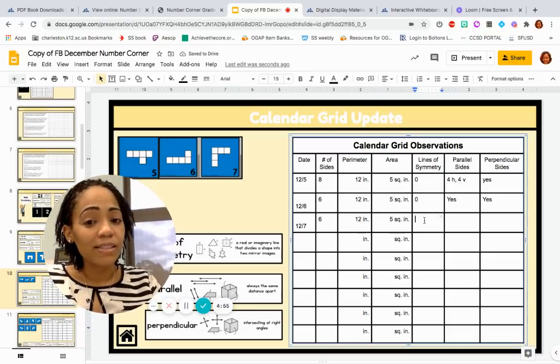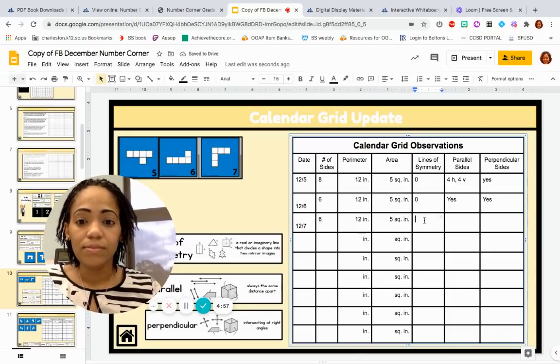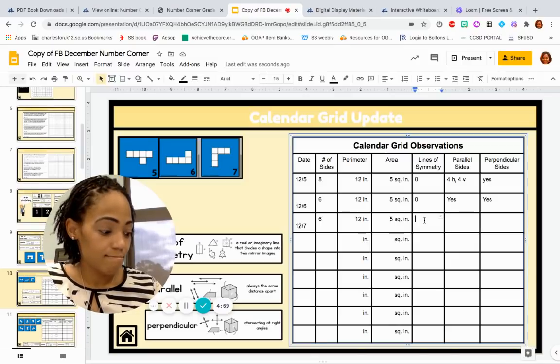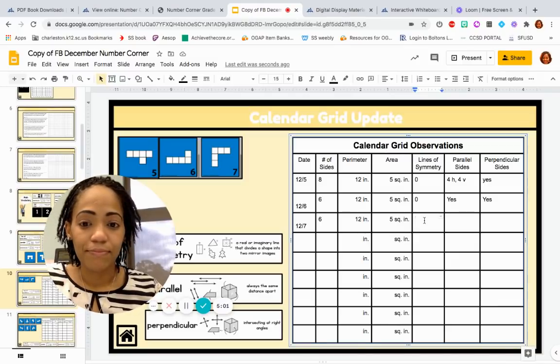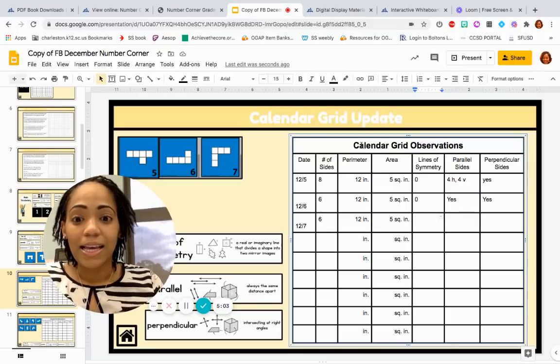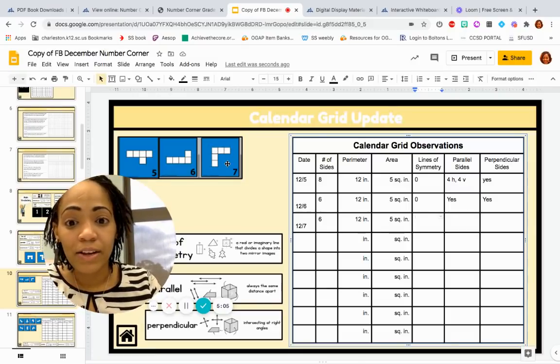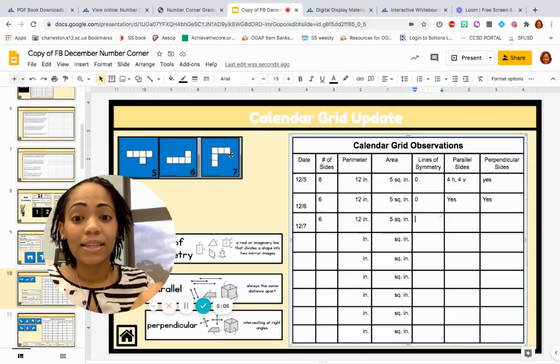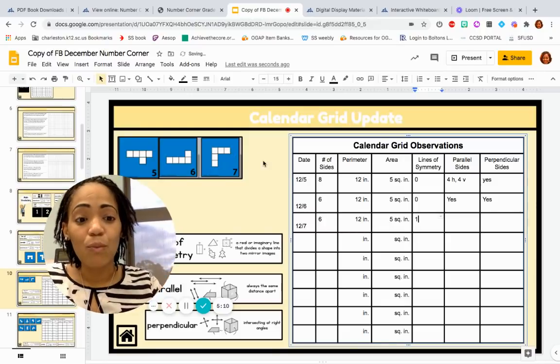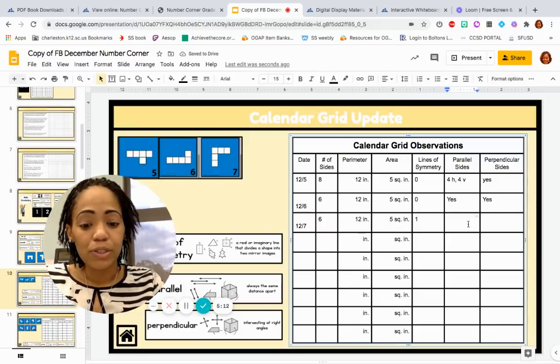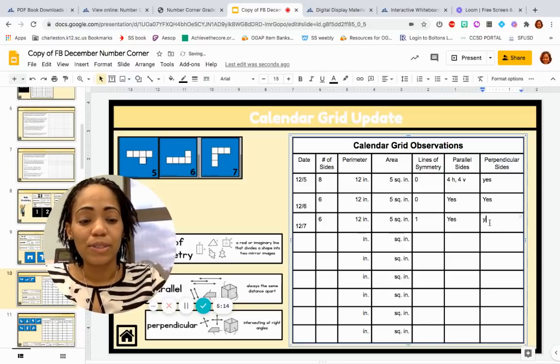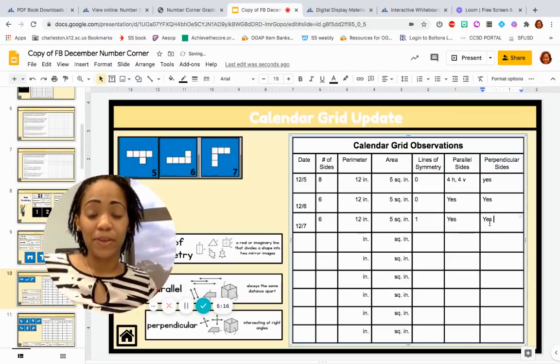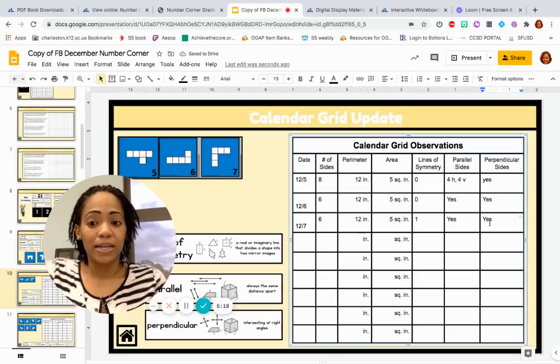Do we have lines of symmetry here? Can't we fold it here diagonally and they would match up? So we actually have one line of symmetry, and we do have parallel sides. We do have perpendicular sides. Okay, so that's our calendar grid for today.